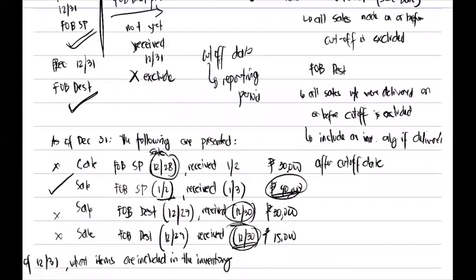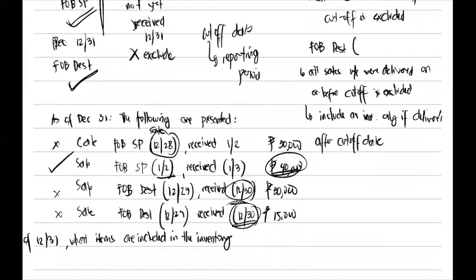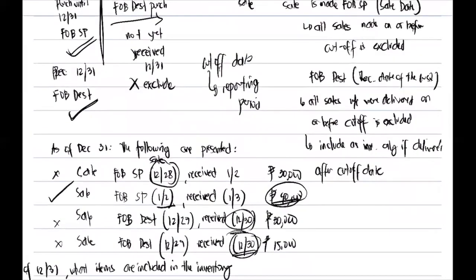FOB destination, what is important? The receive date of the customer. So FOB shipping point, sale date, if made on or before cutoff, we remove.